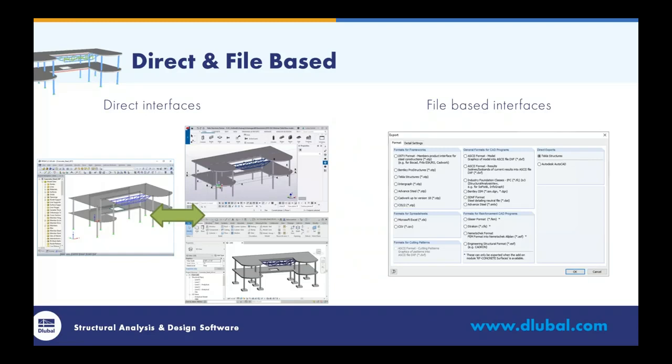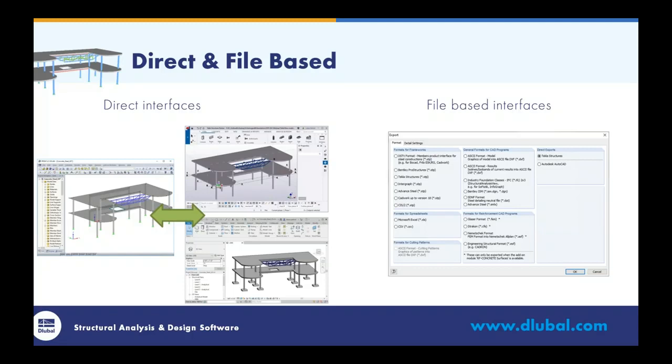Most of the other interfaces that we have are file-based interfaces. File-based interfaces are limited by the options the format offers. So if the file format has no option to exchange, for example, load cases or load data, there's no way we can change this. On the opposite, the direct interfaces are based on the APIs of both programs.